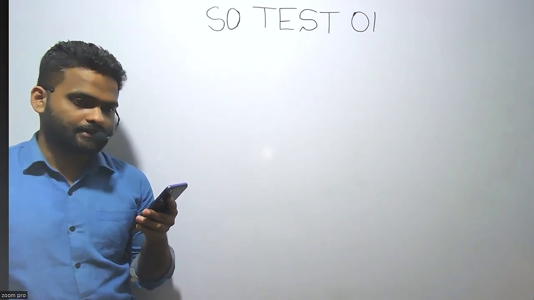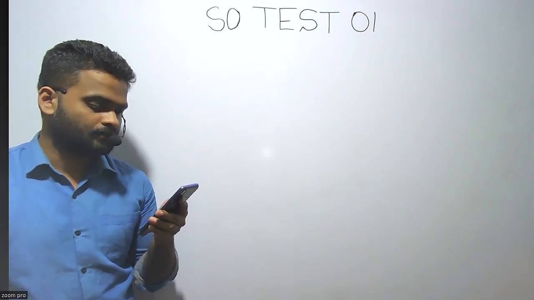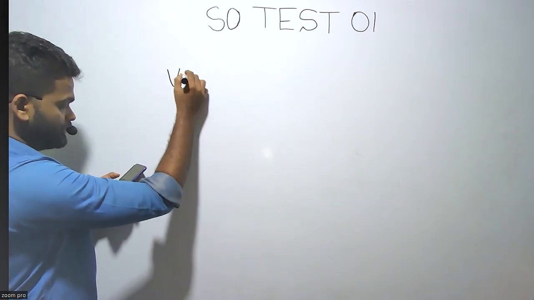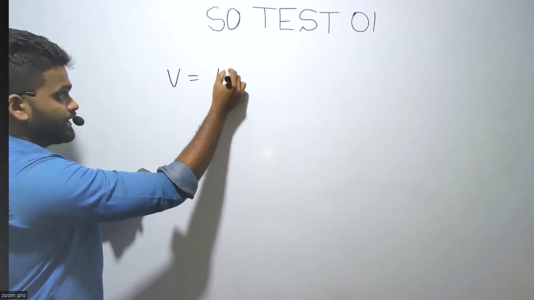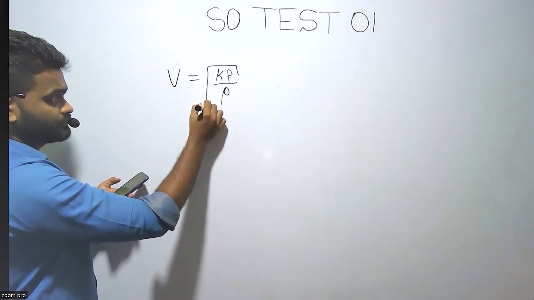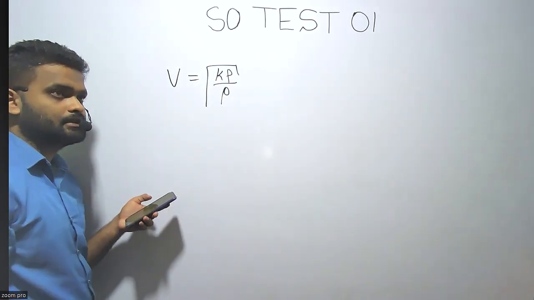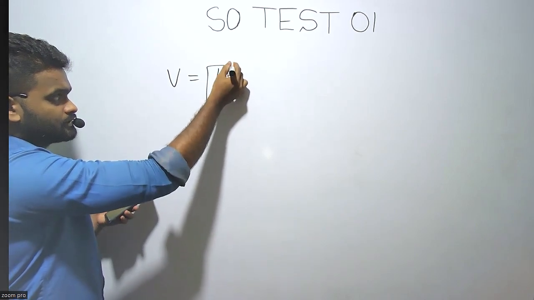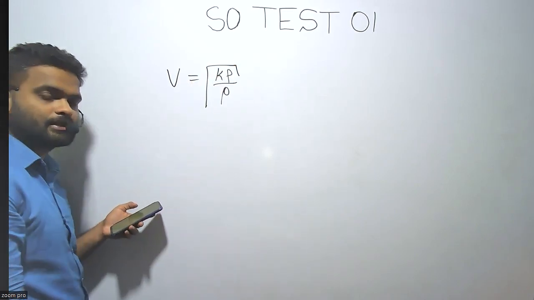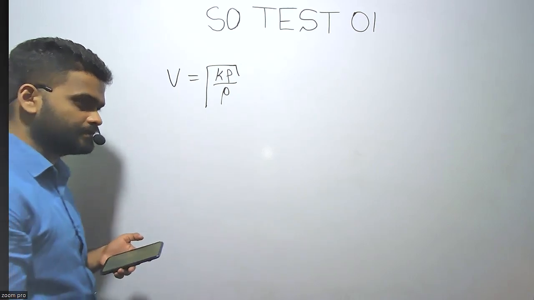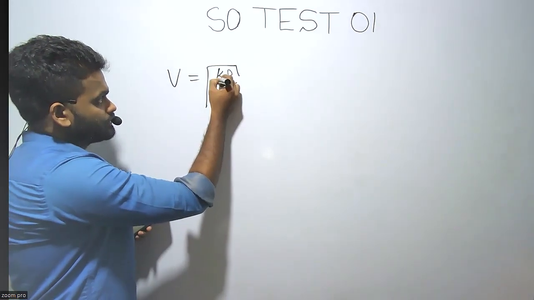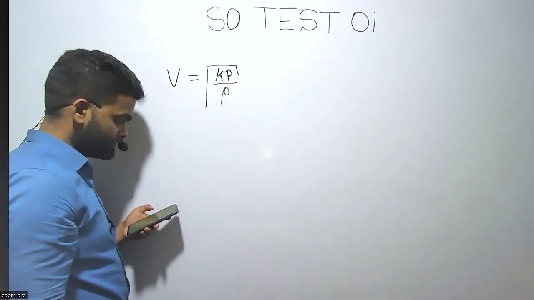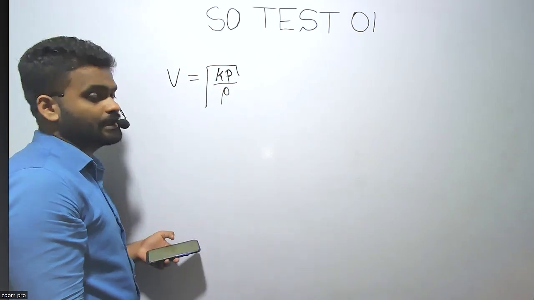Question number 8. Velocity of sound in a gas at pressure P, density rho, is given by V equals the square root of k P divided by rho. You learn this equation for the velocity of sound in waves and oscillations, right? So this is k P, pressure, divided by rho. What they ask is the dimensions of k.